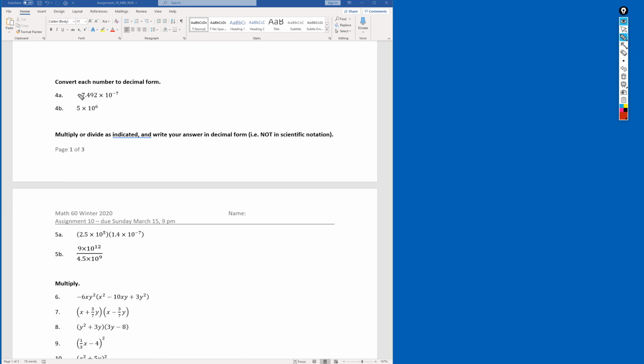Okay, on this one, let's just remember that it's negative, but let's not worry about that for now. But if you started by writing 7.492, and because this is a negative exponent, it's a small number. So we know we need to move the decimal to the left. So just count 7 loops. 1, 2, 3, 4, 5, 6, 7.